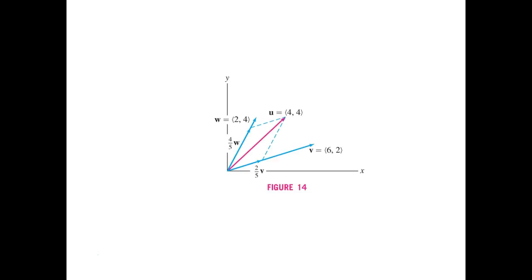They happen to be doing everything just like they did before, but realize you don't have to have these scalars be between 0 and 1. This one is, but that's not a requirement. What do we mean? Express vector u as a linear combination of v and w.